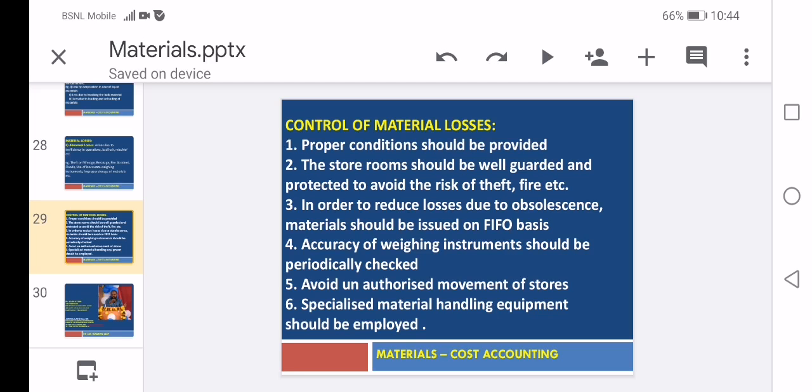While storing the goods in appropriate places, you need proper equipment. Improper equipment usage leads to damage. So if proper equipment is used, then also you can control the losses arising out of material losses, either normal loss or abnormal loss. As there is a chance to control both, these are the important points to be kept in mind to control the losses.